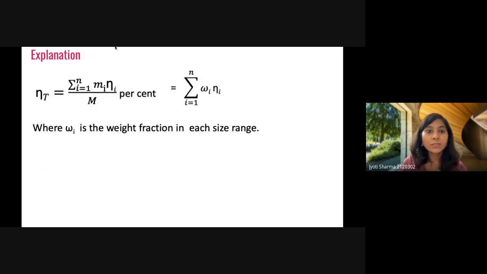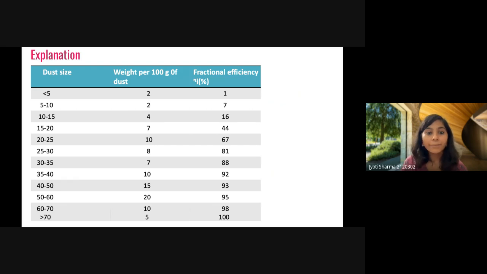Just see here, I think I also have a numerical on this. Let's say this is the weight that has been collected, 2 out of 100 gram, and we also have the fractional efficiency given. Based on that, can you calculate the total collection efficiency?